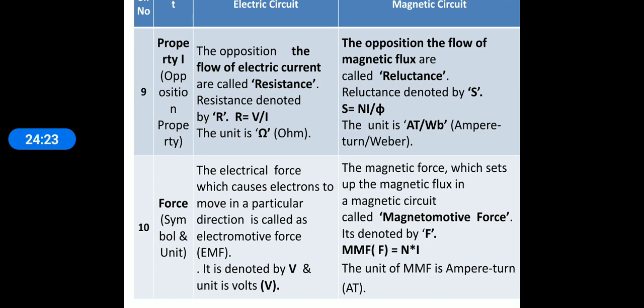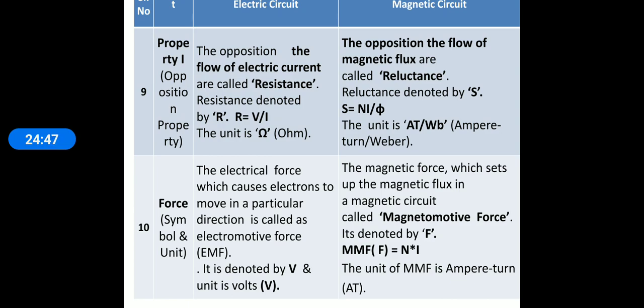In an electrical circuit, the opposition to the flow of electrical current is called resistance. It is denoted by R. R equal to V by I. The unit of resistance is ohm.